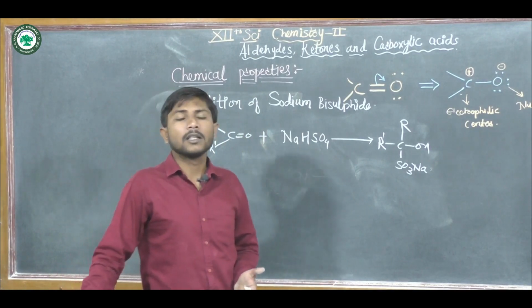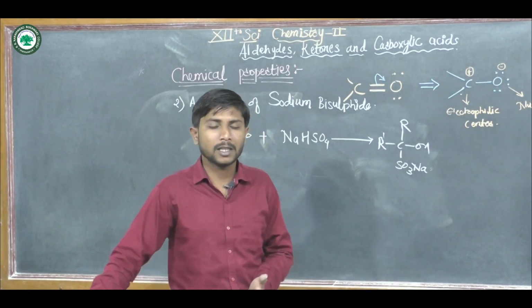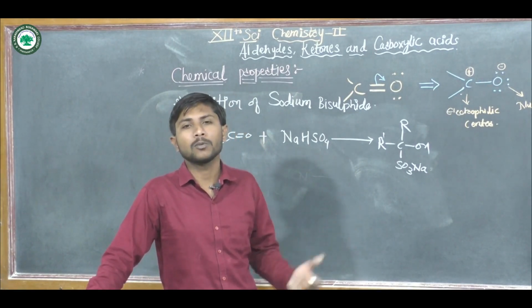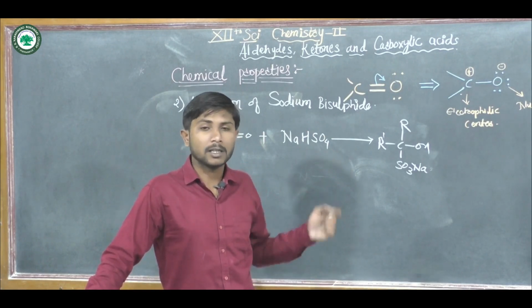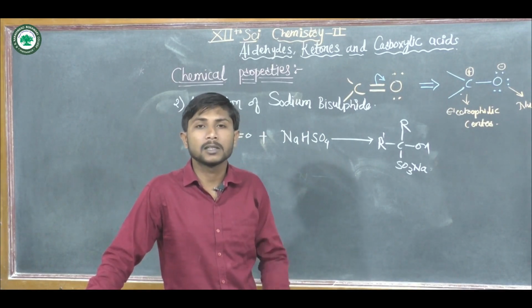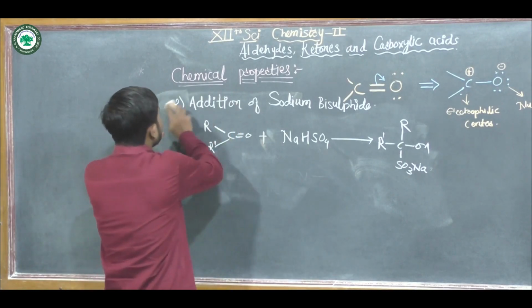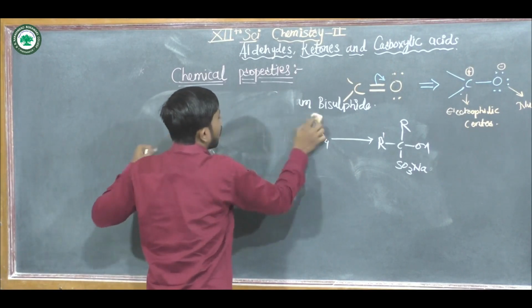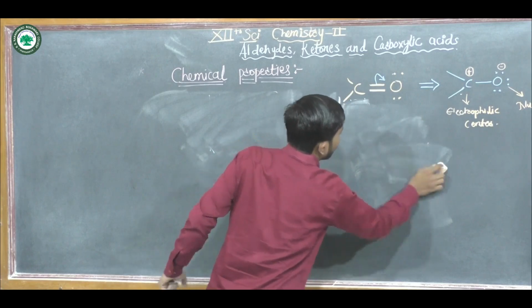As we know, in glucose there is a formyl group acting as the functional group, and that formyl group reacts with one of the hydroxyl groups present in the glucose molecule to form the hemiacetal group. Let's see how these aldehydes or ketones undergo addition with alcohols.